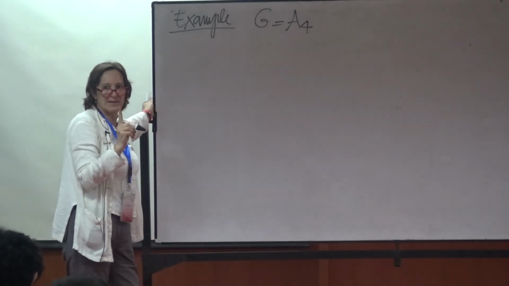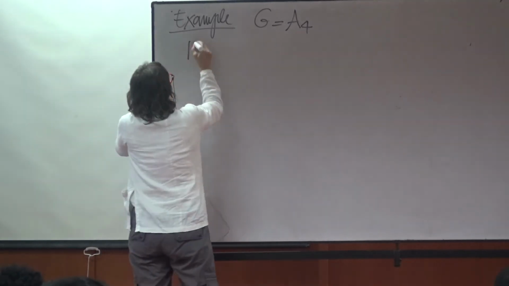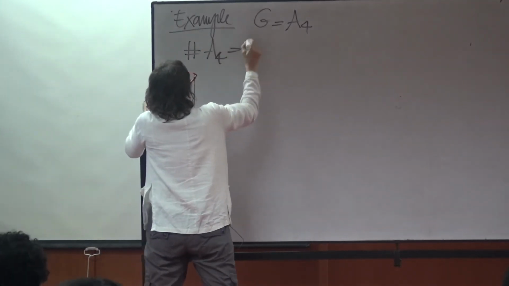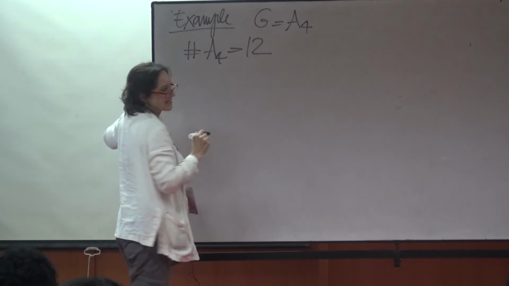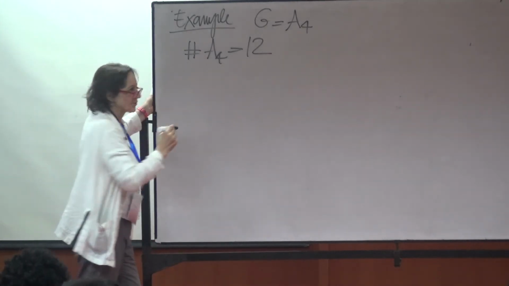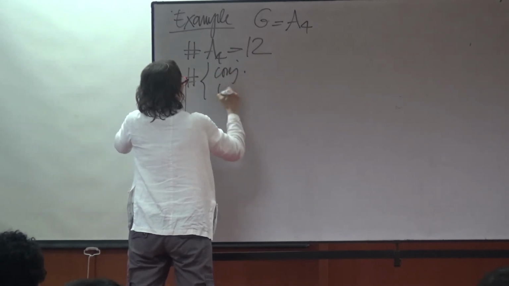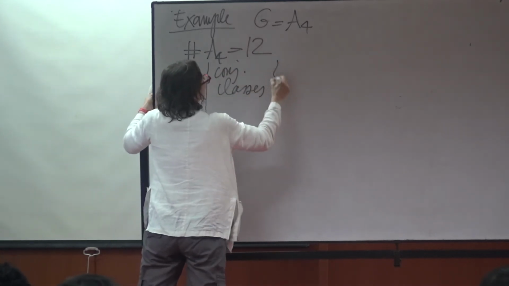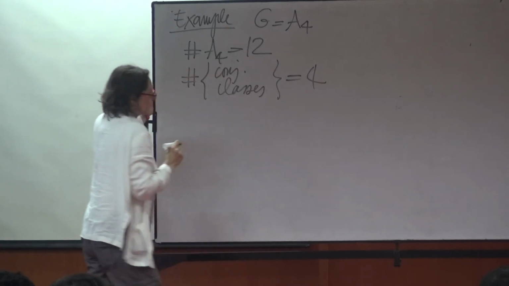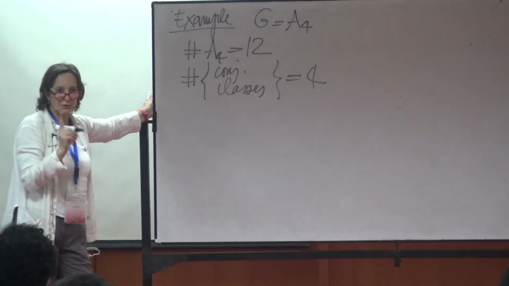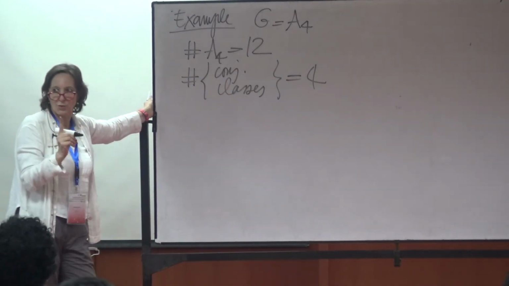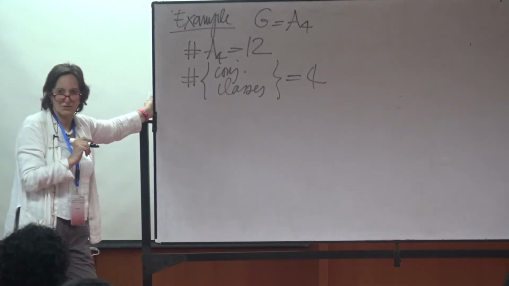A4 has how many elements? 12. How many conjugacy classes? 4. Remember? So we expect 4 irreducible, non-equivalent, non-isomorphic representations.